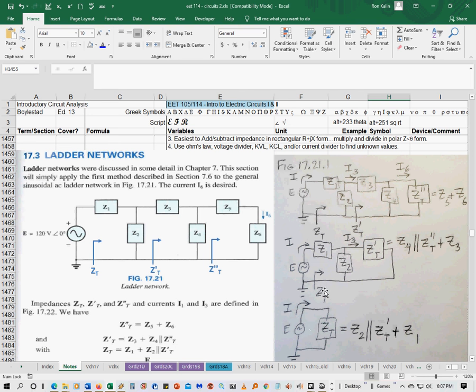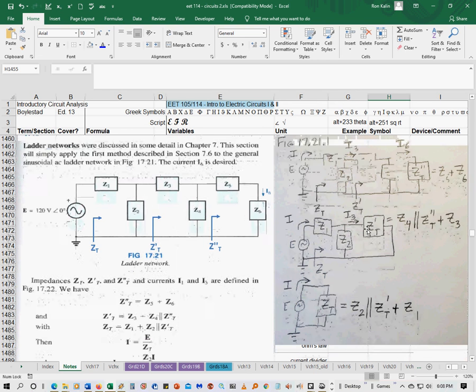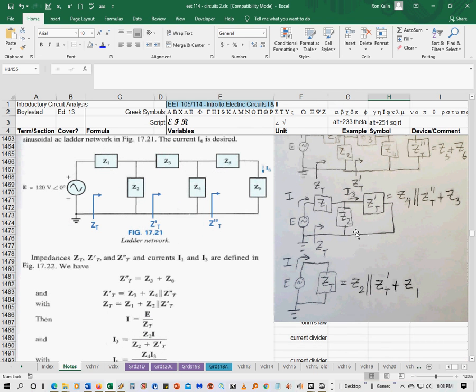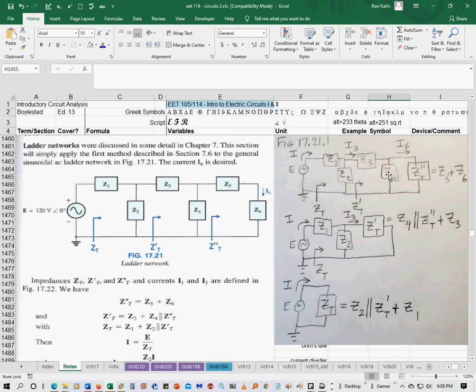And then you're going to go backwards to find the currents. And that's really it for Chapter 17. Again, the more work you show when you do a problem, the easier it is for you to understand and for me to understand to be able to grade. So I highly recommend redrawing circuits like this and showing your work.